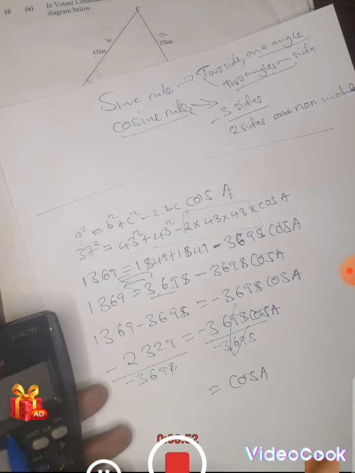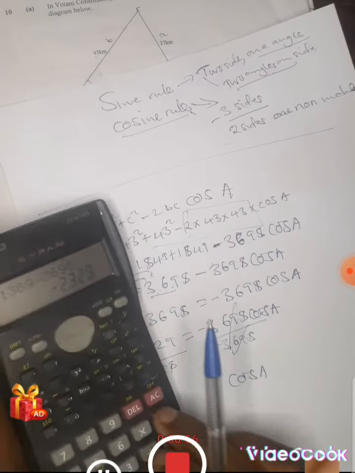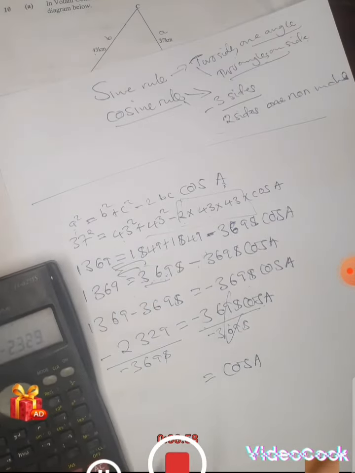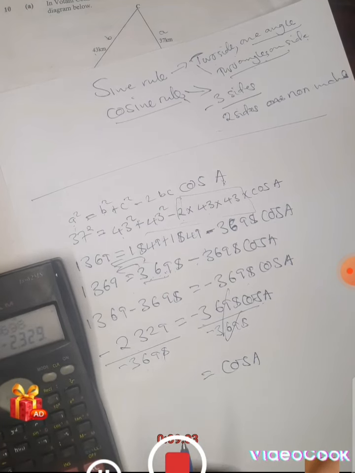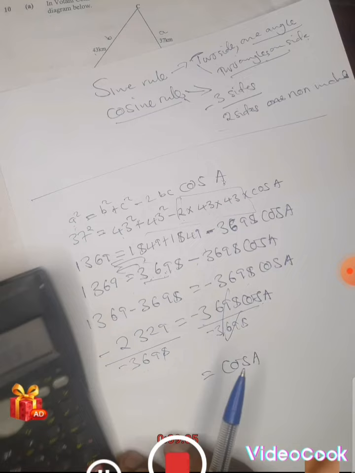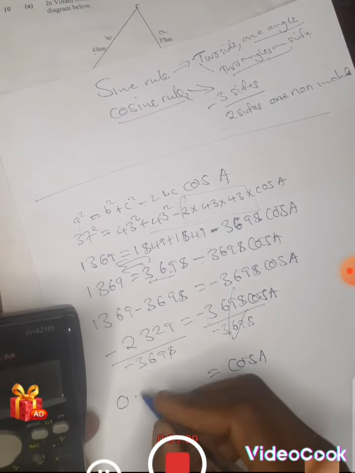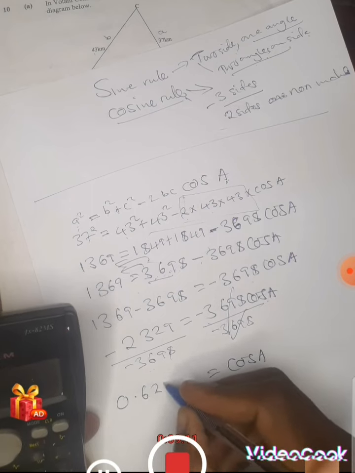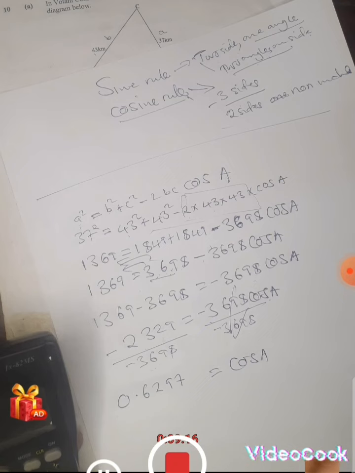I still have it on my calculator, I have not rubbed this number, so just go divide by negative 3698, and it is giving me positive 0.6297. Okay, there's no need of getting the whole number.